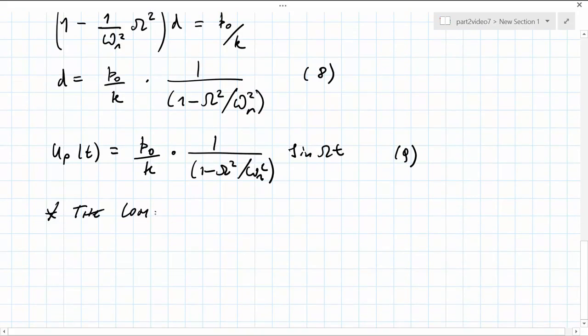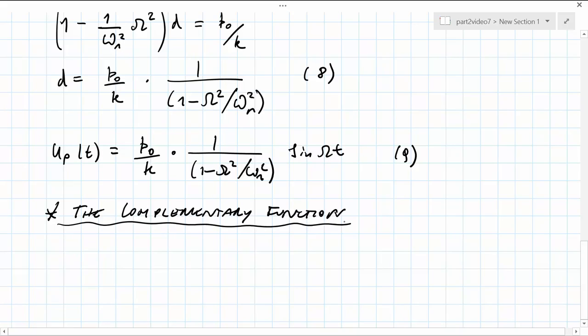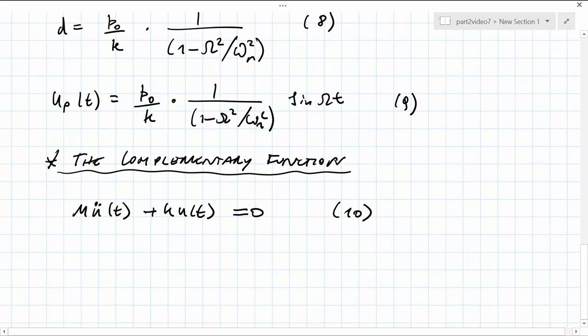The complementary function is, in this case, the solution to the homogeneous version of the equation of motion shown in equation 2. That is the solution to this problem, which we should recognize as our free, undamped vibration problem.